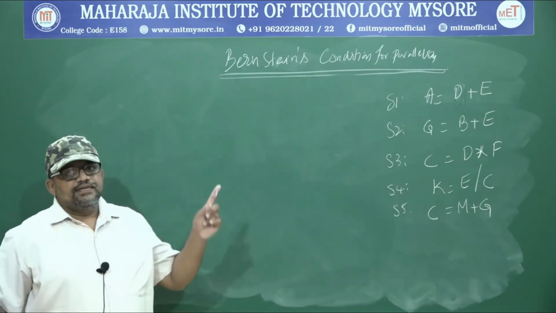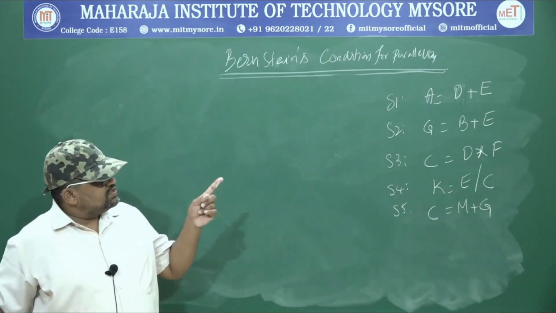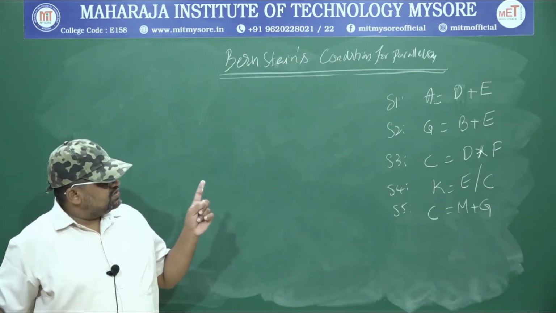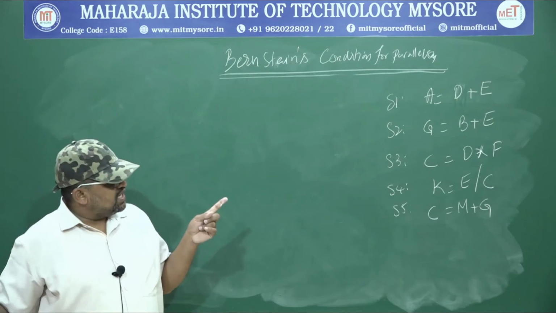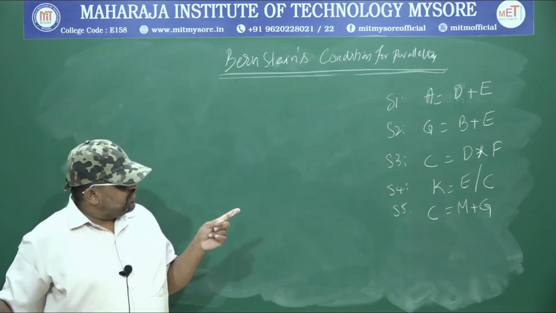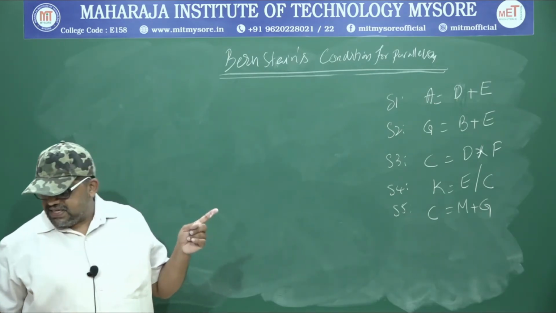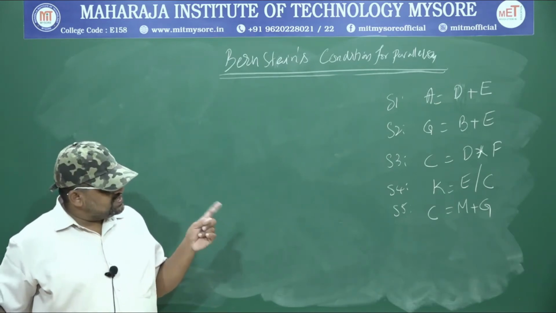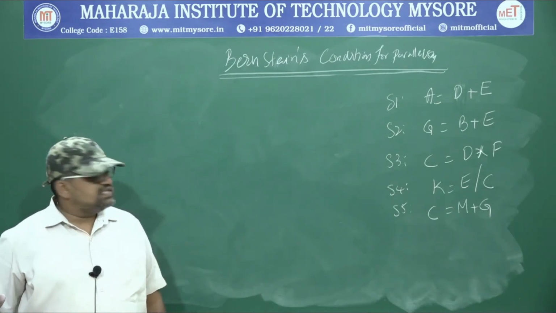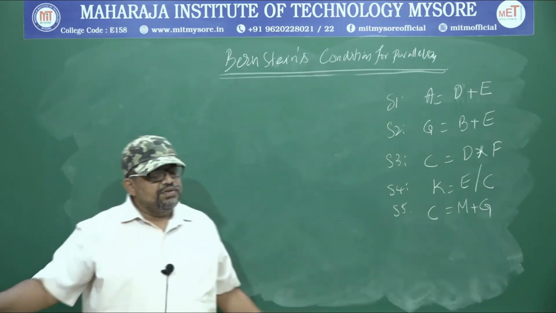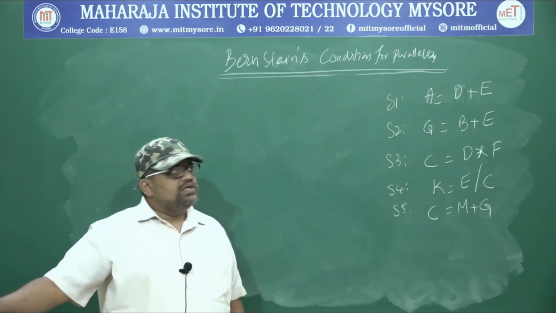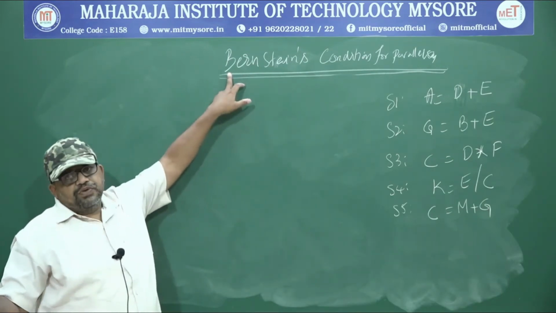These are the 5 given statements, and then try to bring out parallelism using Bernstein's approach.